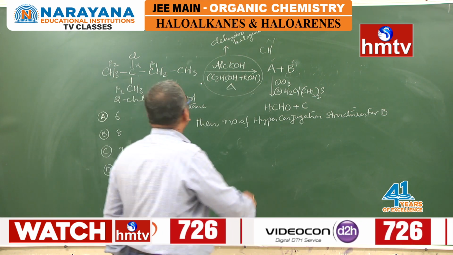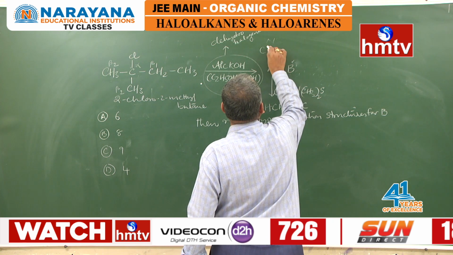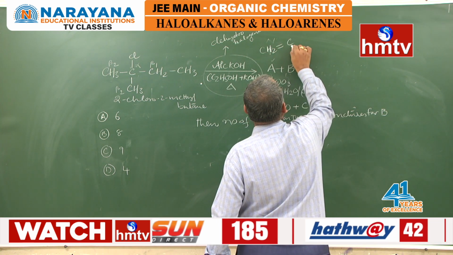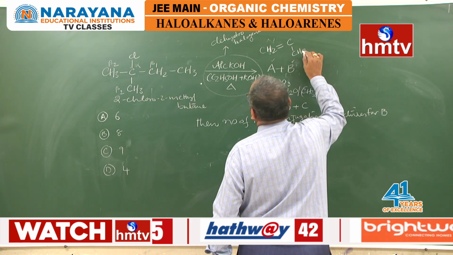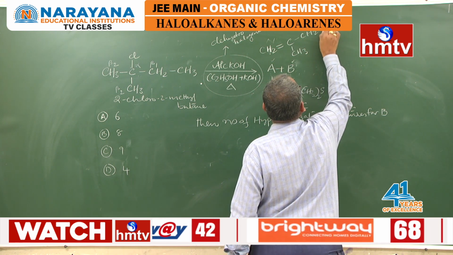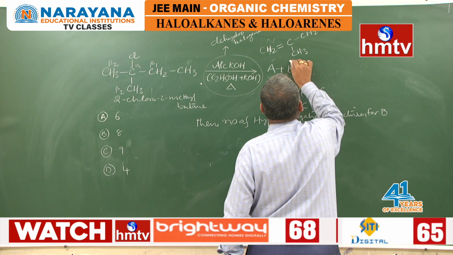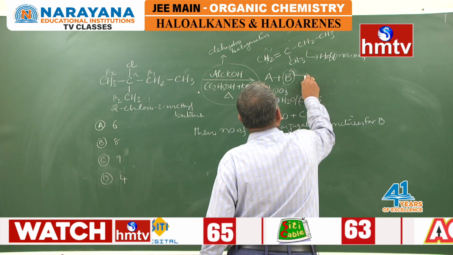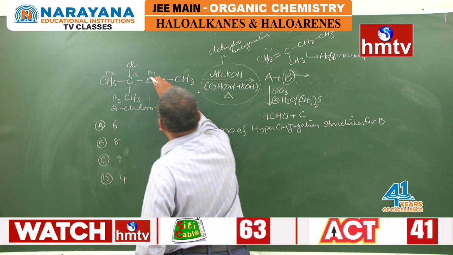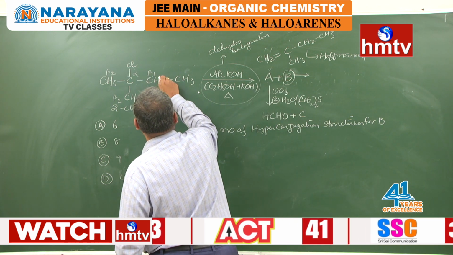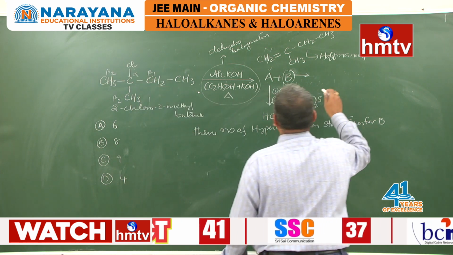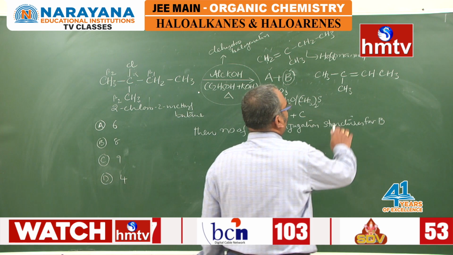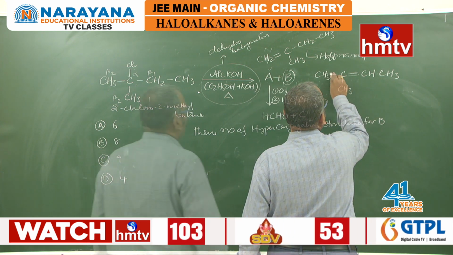The product formed is CH2=C(CH3)CH2CH3, that is Hofmann's product. Then B, the other product: you will get hydrogen from this one and Cl from this one, giving CH3C(CH3)=CHCH3.